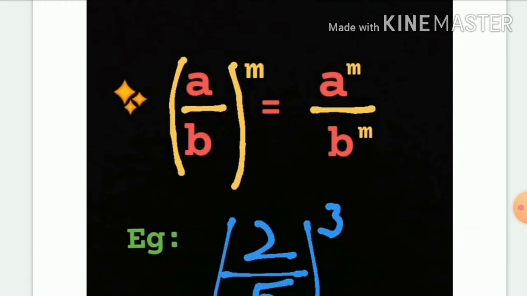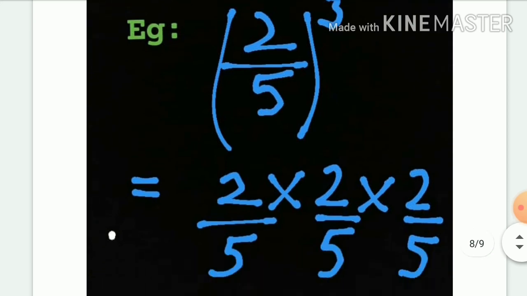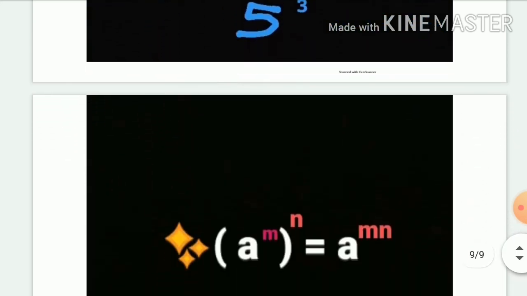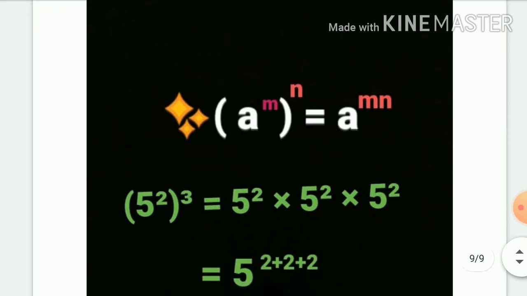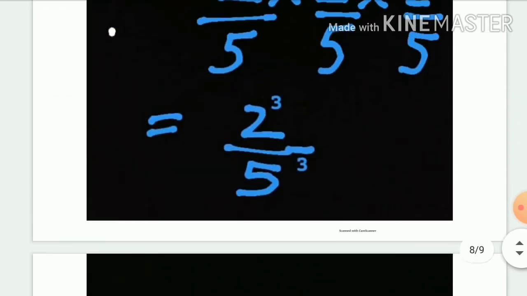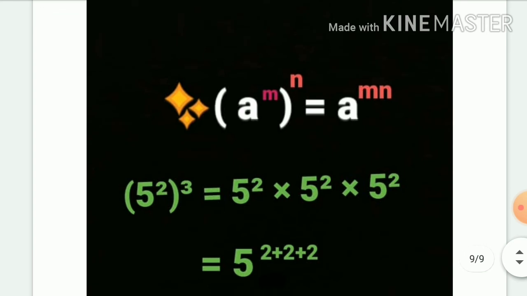It means that if two different bases are divided with the same index, it will result into a raised to m divided by b raised to m. Okay, so now let us see the next.